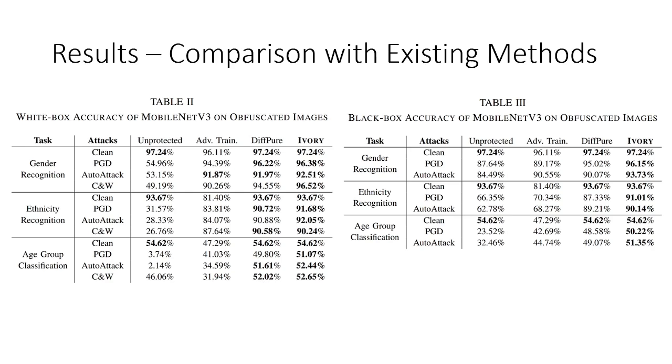In black box scenarios, where adversarial attacks are transferred between models, Ivory's accuracy gains were even more impressive. Compared to adversarial training and Diffpure, Ivory consistently showed higher resilience, particularly in complex tasks like ethnicity and age classification. This makes Ivory a robust choice for safeguarding facial recognition systems under diverse adversarial threats.